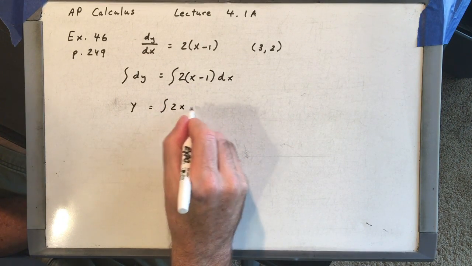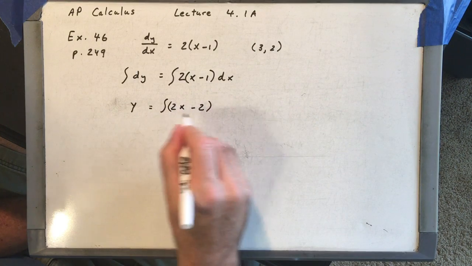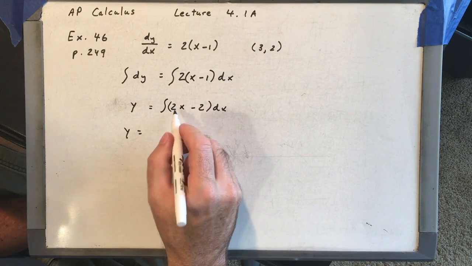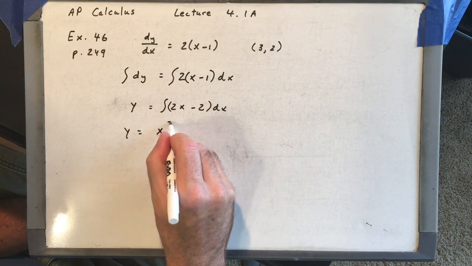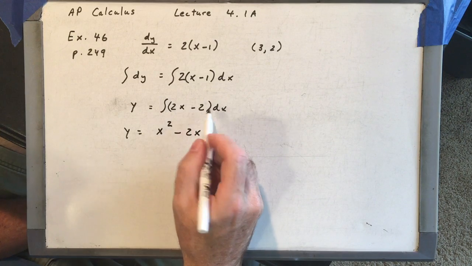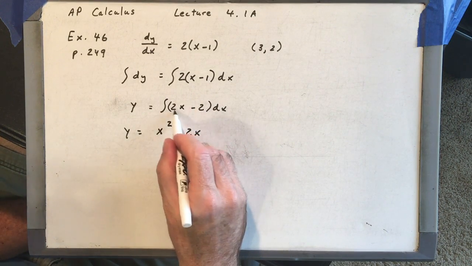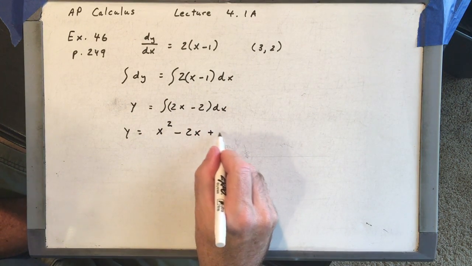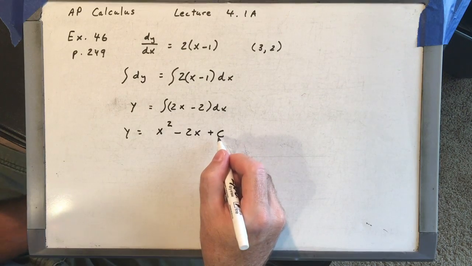So that'd be 2x minus 2 dx. Antiderivative of 2x is x squared. Antiderivative of 2 would be minus 2x. Oh, please be careful. So many people will take the antiderivative of that, and then I'll see them take the derivative and say it's 0. But it ain't. All right, we need the c.